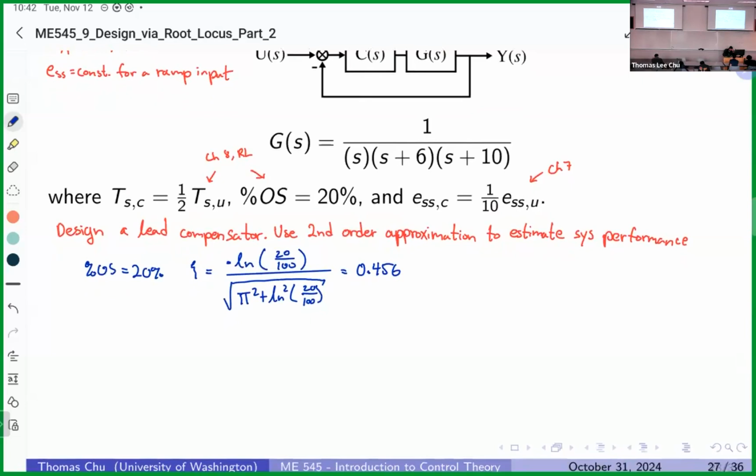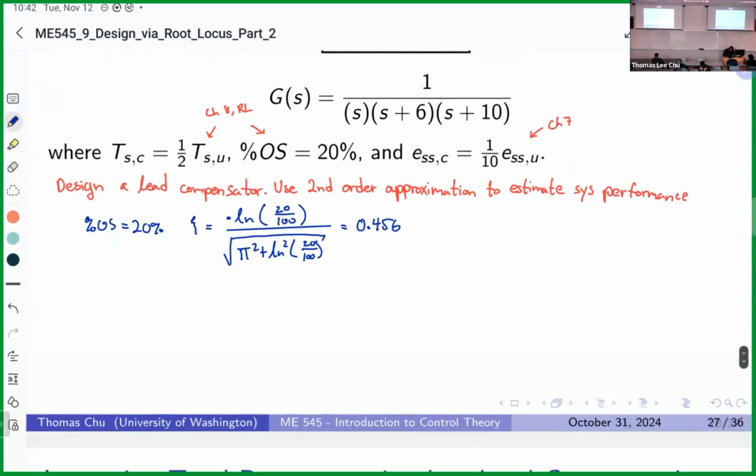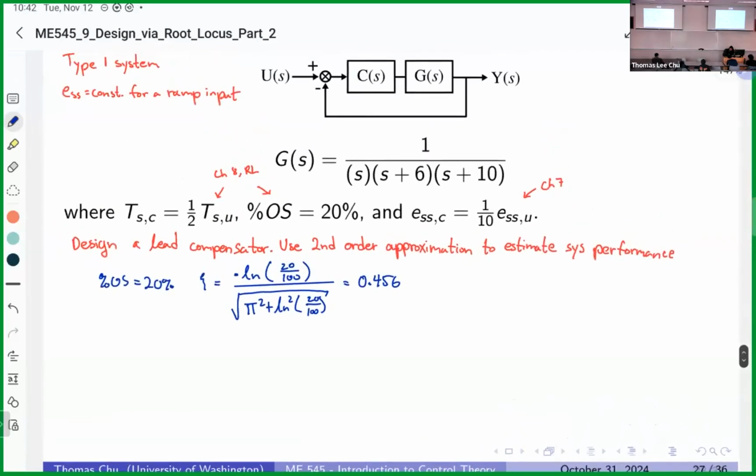So we're going to use second order approximation to locate our uncompensated complex poles. In this step I just use MATLAB.